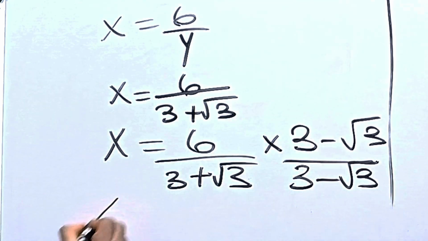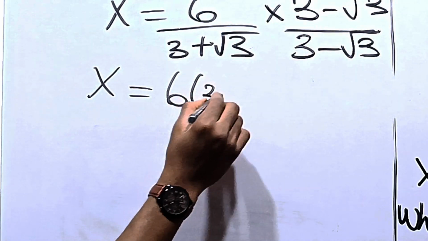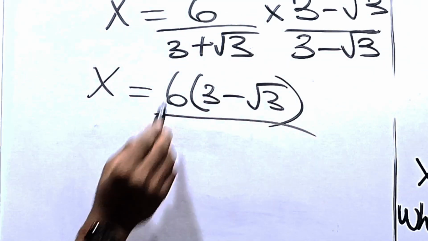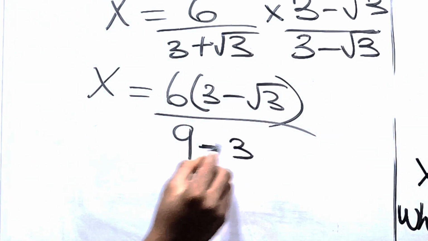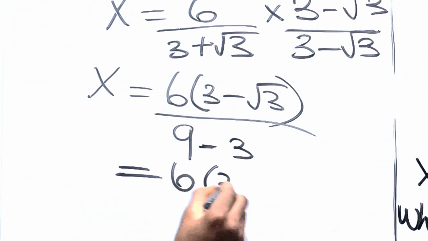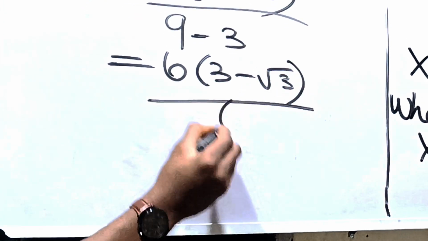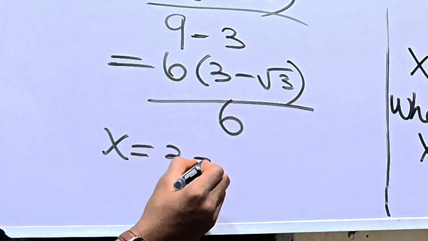We now have that x becomes equal to 6 into 3 minus root 3 divided by 3 squared, which is 9, minus root 3 squared, which is 3. So we have that x is equal to 6 into 3 minus root 3 divided by 6. Hence our x becomes equal to 3 minus root 3.